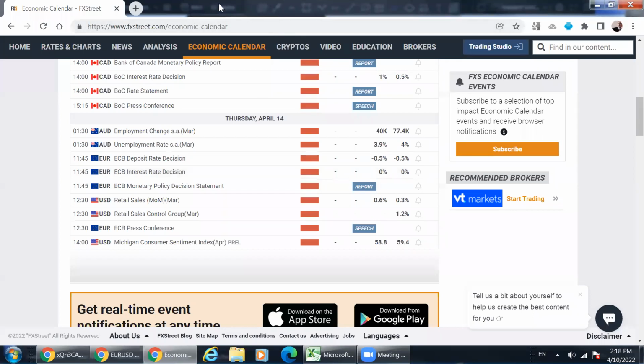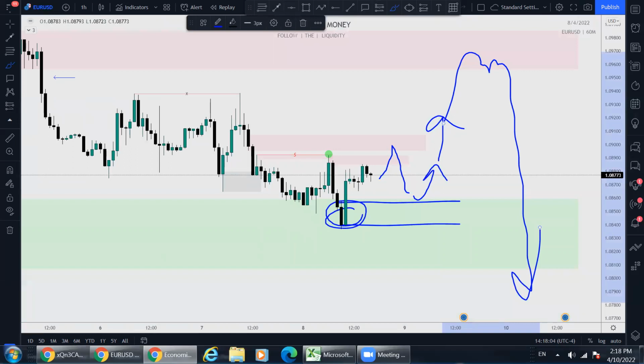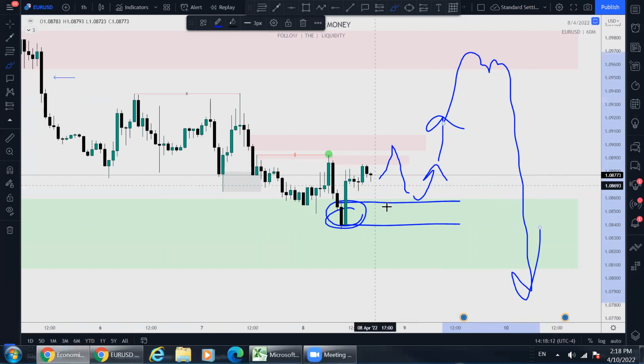So we're going to be looking out for that. We'll see what the consensus is, if it comes in higher or lower. We can go by what is expected, but I'm looking at the technicals, and I can see this scenario playing out: after this is validated with a break of that high, going up higher and then coming back down. So we'll see. I just wanted to share that with you.